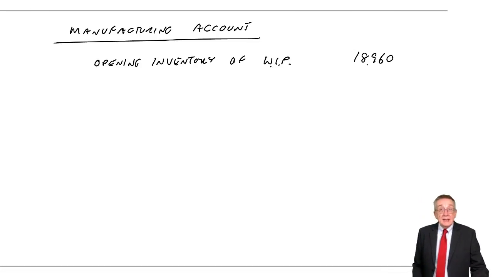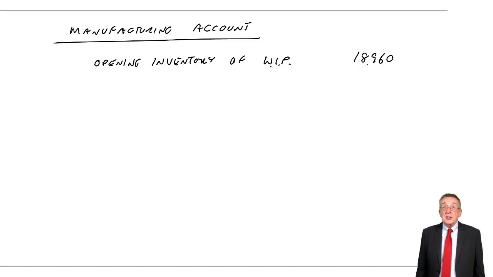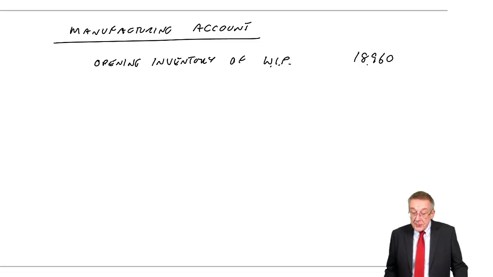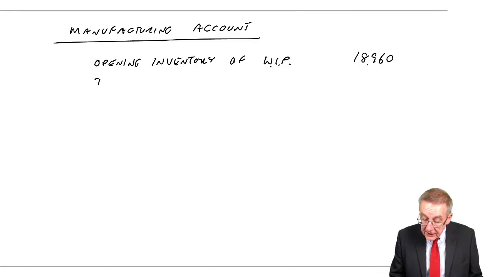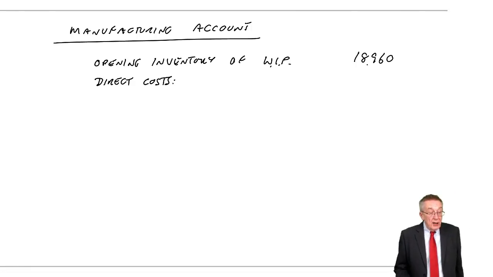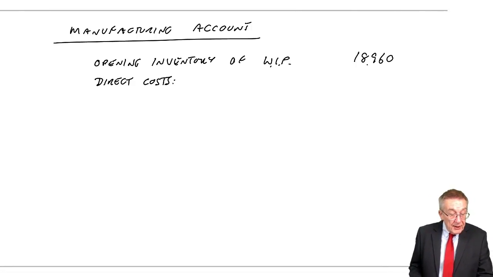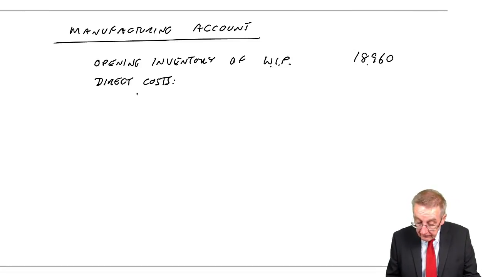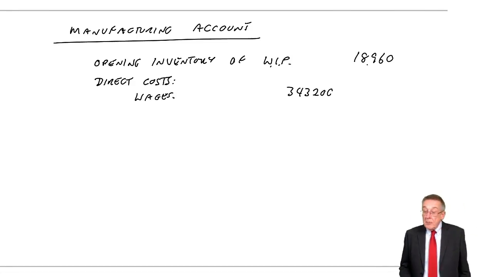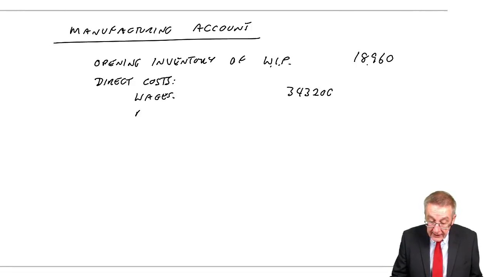So let's now add on what production costs we had during this period. We had direct costs. Direct costs are our wages, and you can see there direct wages, 343,200. But also the raw materials.